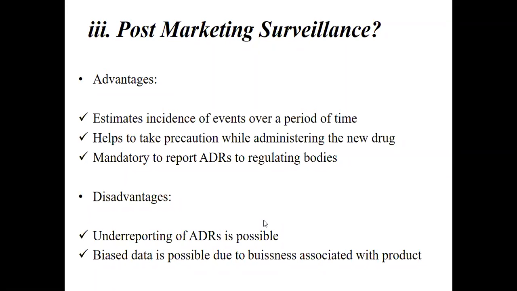Then what type of drugs they are trying to do post-marketing surveillance on, and how long they plan to do this. Based on these points, you write a summary of half a page. And again, reference numbers will be there, 1, 2, 3, 4.